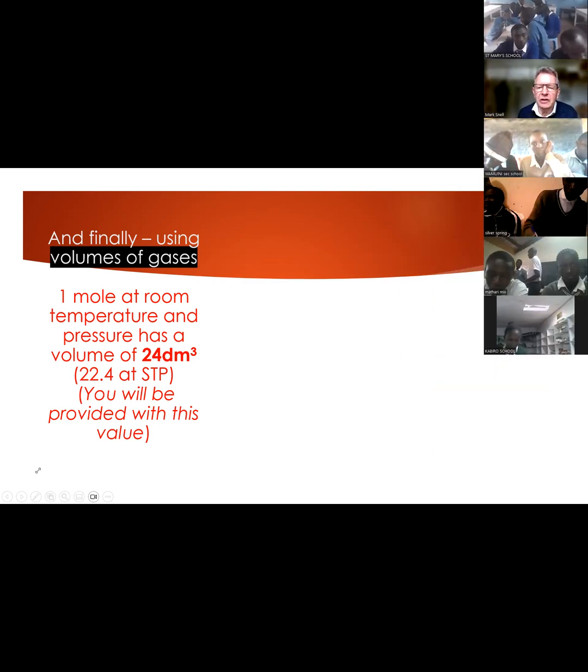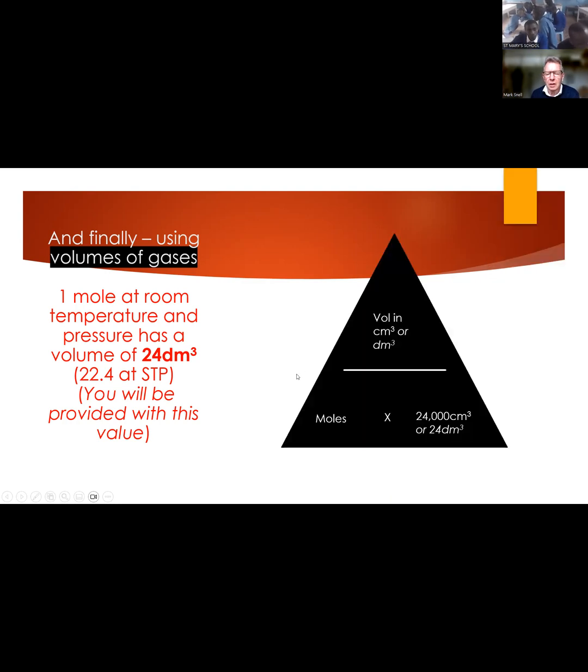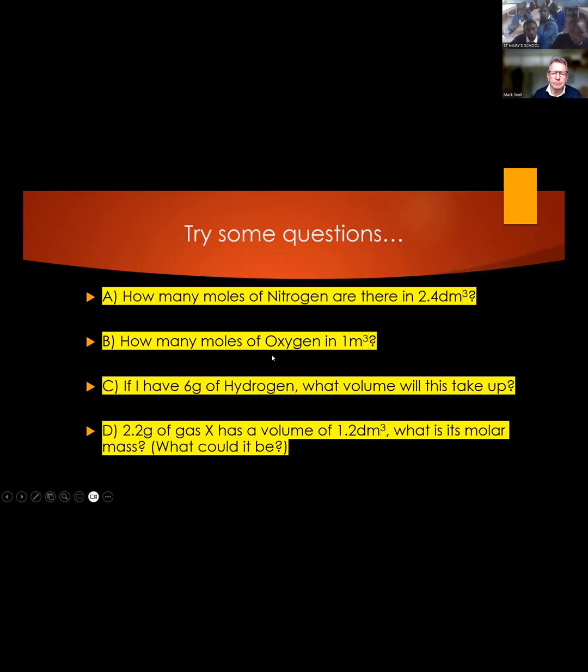But they will tell you in the question which one they want you to use. So here it is, the volume in cubic centimeters will be divided by 24,000 or 22,400, or by 24 if it's in cubic decimeters.